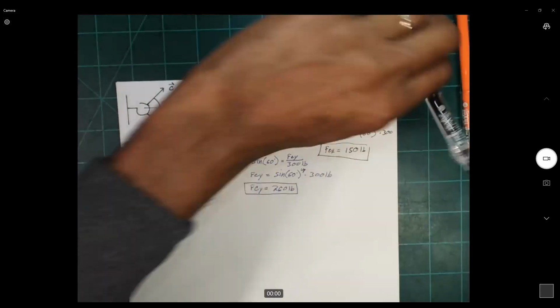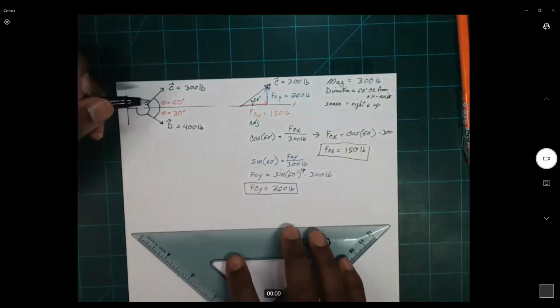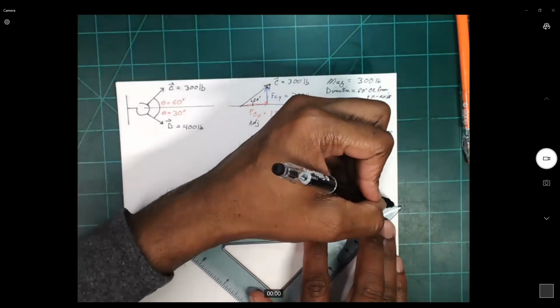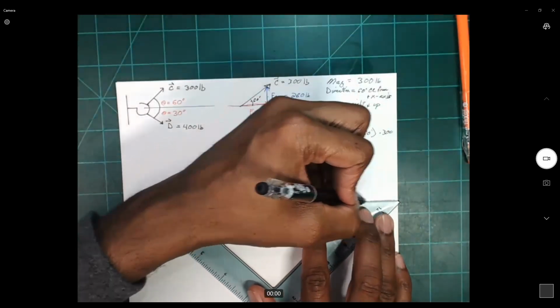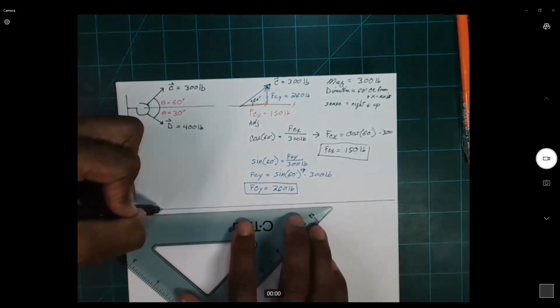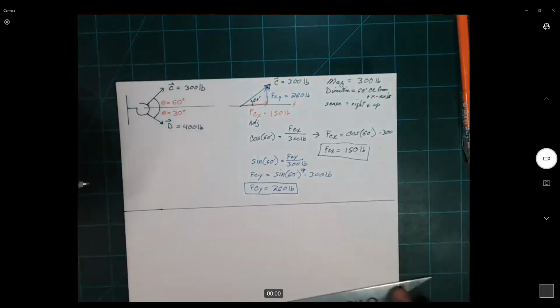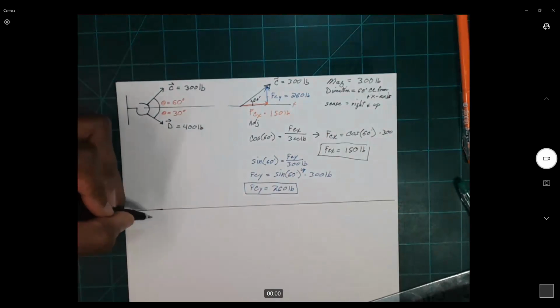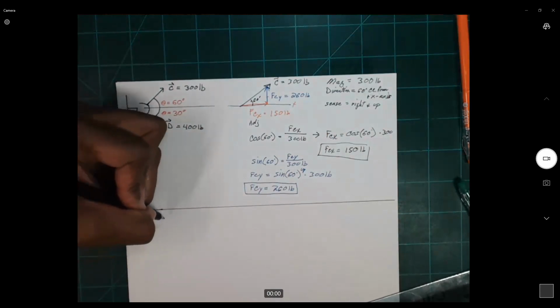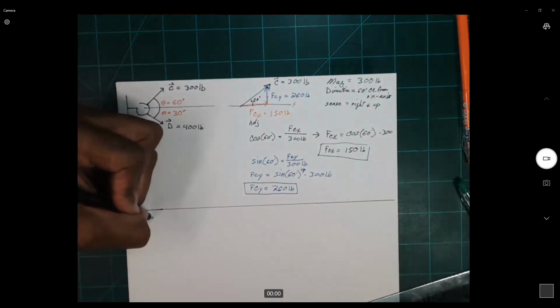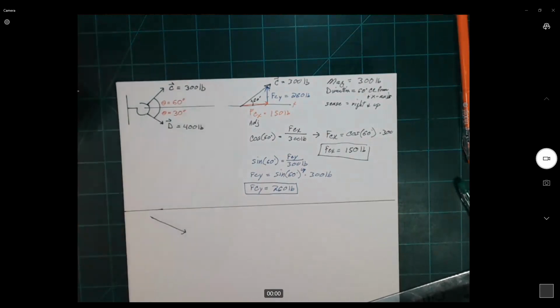Now we're going to do this exact same thing for vector D. So we're just going to draw a free body diagram of vector D. Just going this direction.